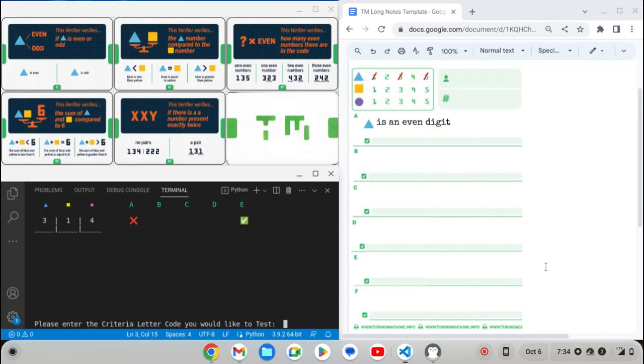And so let's type that up in our notes in section E. And we'll say that the solution has no pairs. Now, of course, we don't know if it's going to be all different or all the same. And yeah, I don't see anything right off the bat that would indicate one or the other.